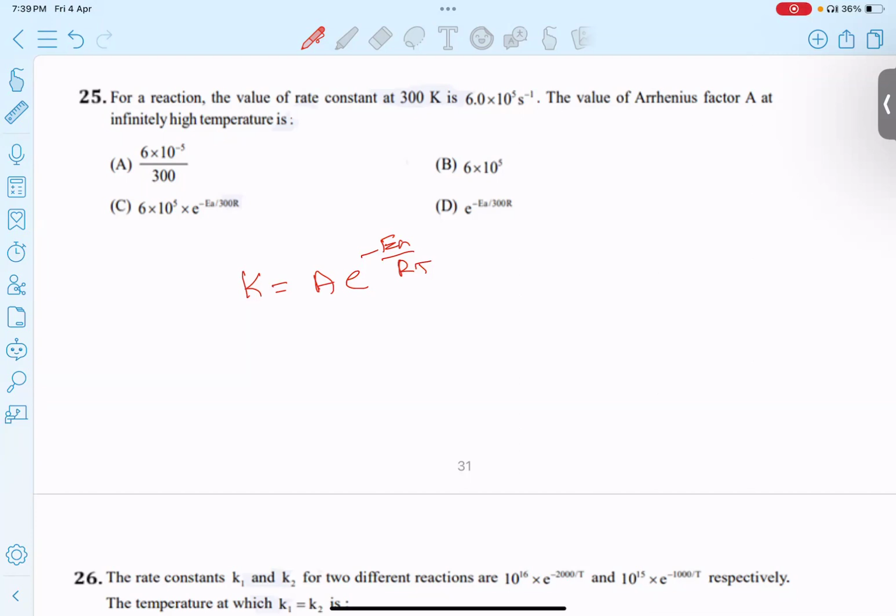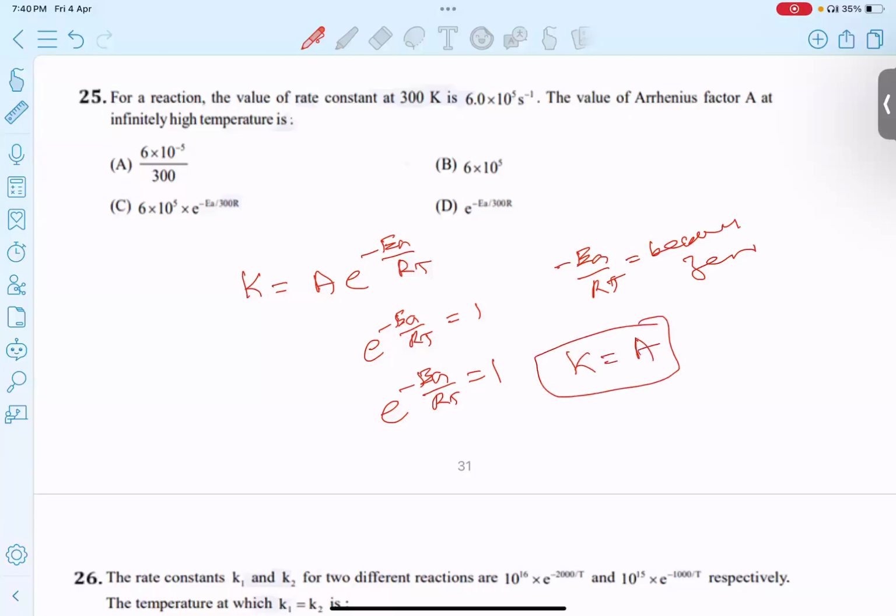At infinitely high temperature, the term EA by RT becomes 0, so e to the power minus EA by RT is equal to 1. Therefore, at infinitely high temperature, K is equal to A. So the correct answer is B.